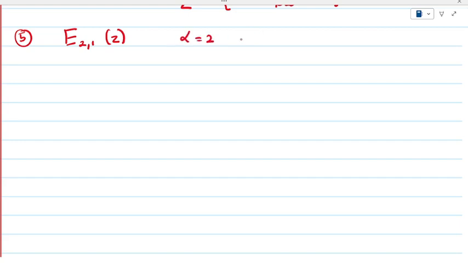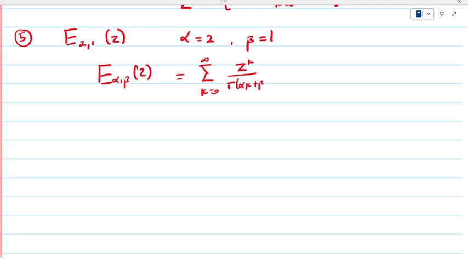At case 5 now, let's increase the value of alpha to 2 and take our beta to 1, and let's see the series solution we are going to have. So here our alpha equals 2 and our beta equals 1. Let's write our Mittag-Leffler function of alpha, beta, which is equal to the summation k equals 0 to infinity of z to the power k over gamma of alpha k plus beta.